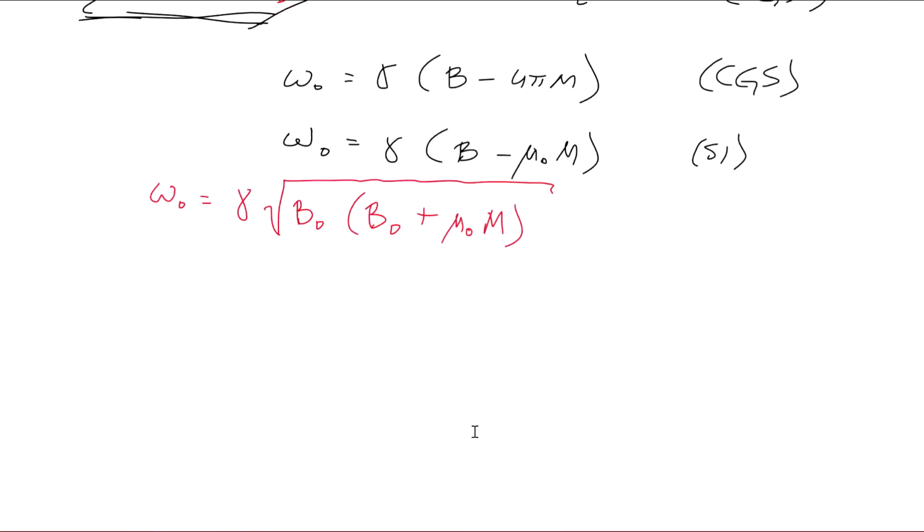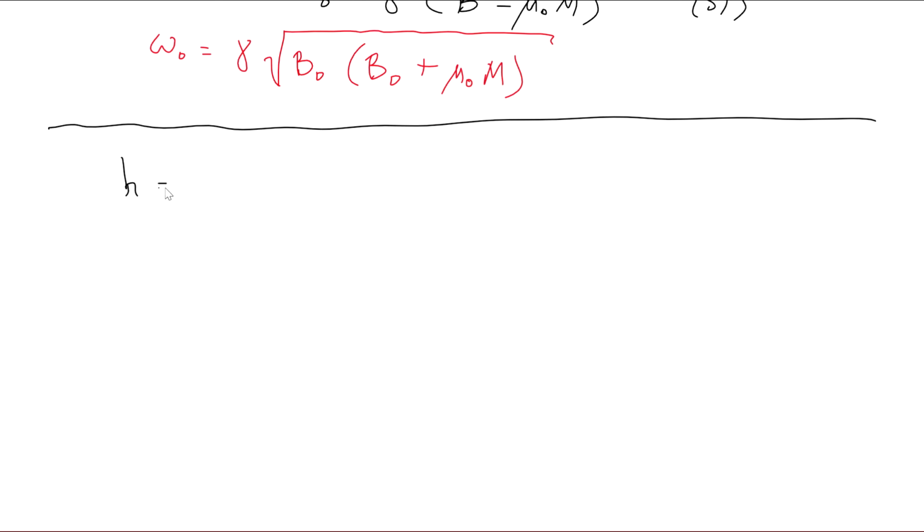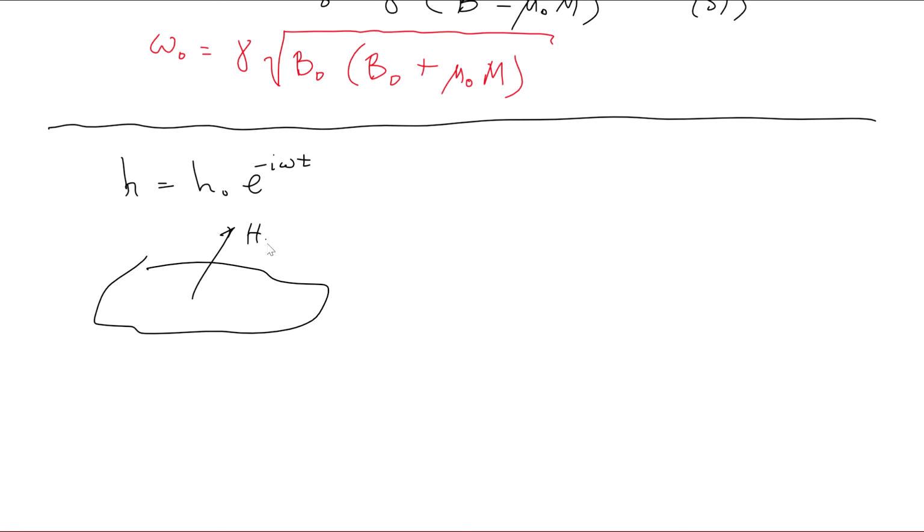So instead of using standard oscillations, how do we make it more complex? We still can apply the small portion of magnetic field as H naught e to the i omega t. So if you have a material, you apply a big magnetic field, H naught, but at the same time you apply the wiggling H in a certain direction.